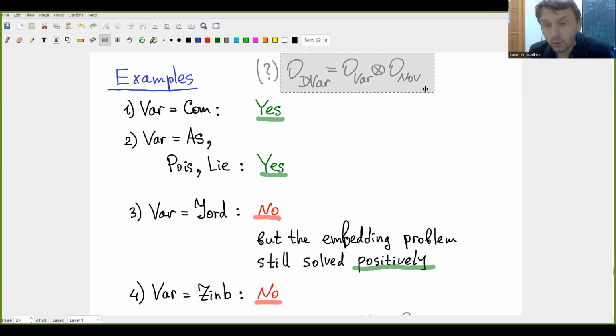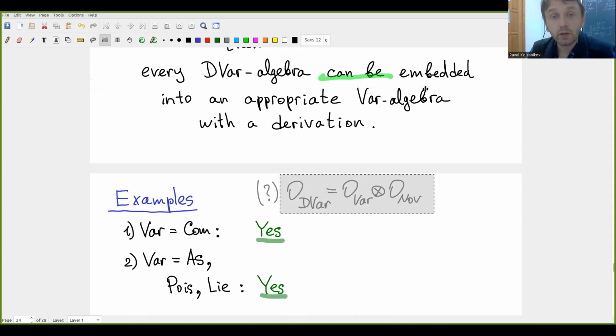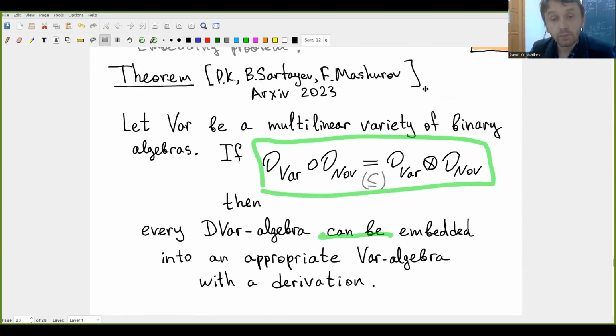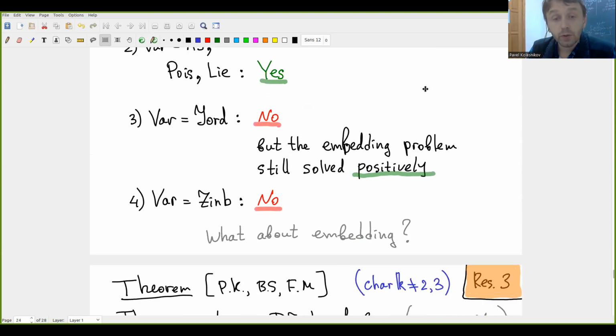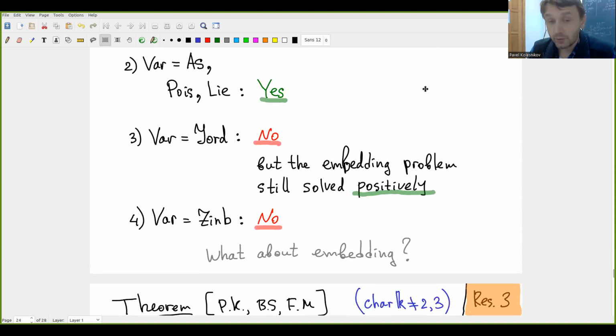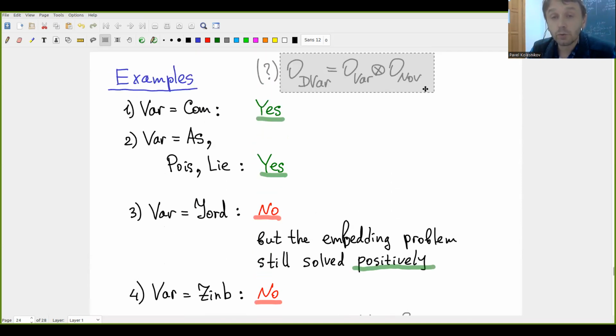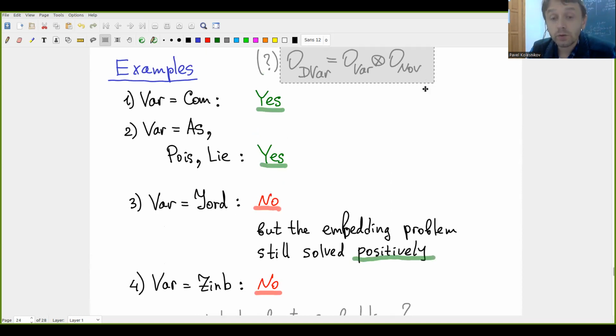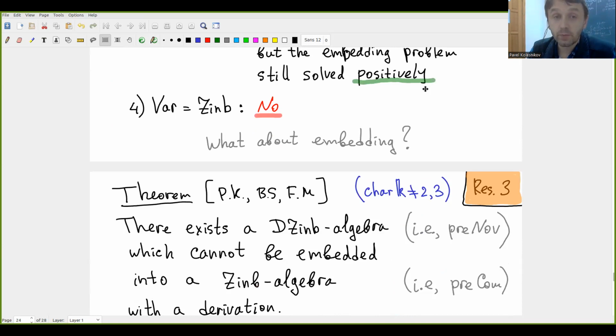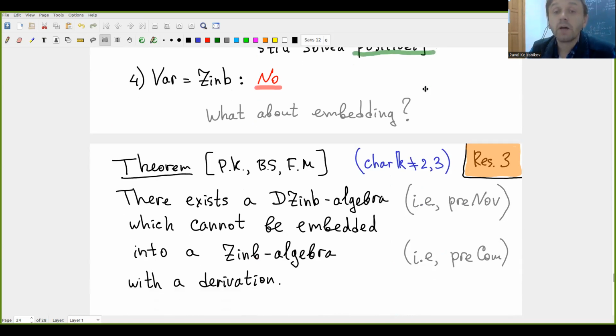It is also an easy exercise on Gröbner-Shirshov basis theory, just for associative algebras with a derivation. So this sufficient condition I mentioned in the theorem here is not necessary, definitely. But it turns out that for simple algebras, those pre-commutative algebras, this condition also doesn't hold, and for the variety of Zinbiel algebras, we have a negative solution to the embedding problem.